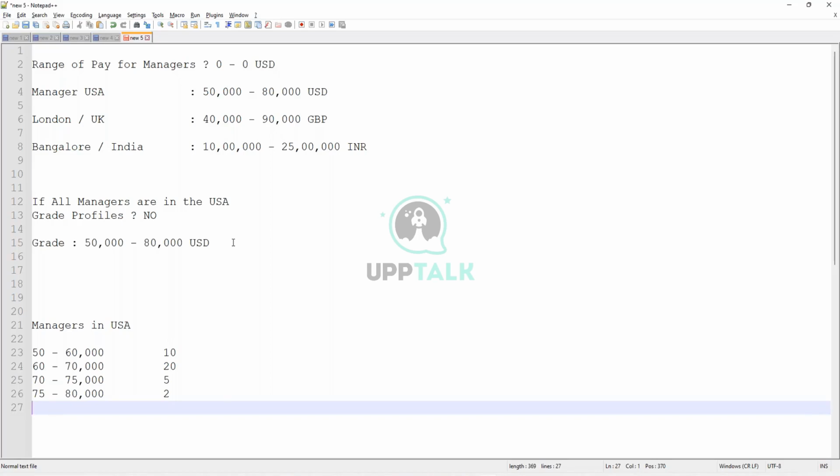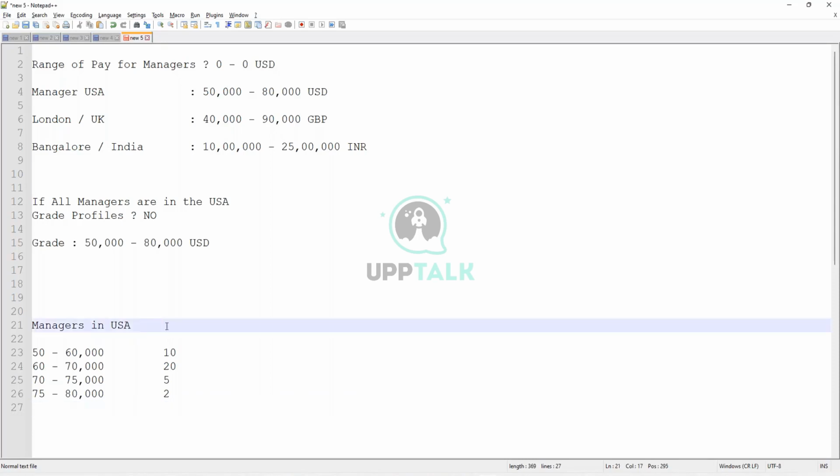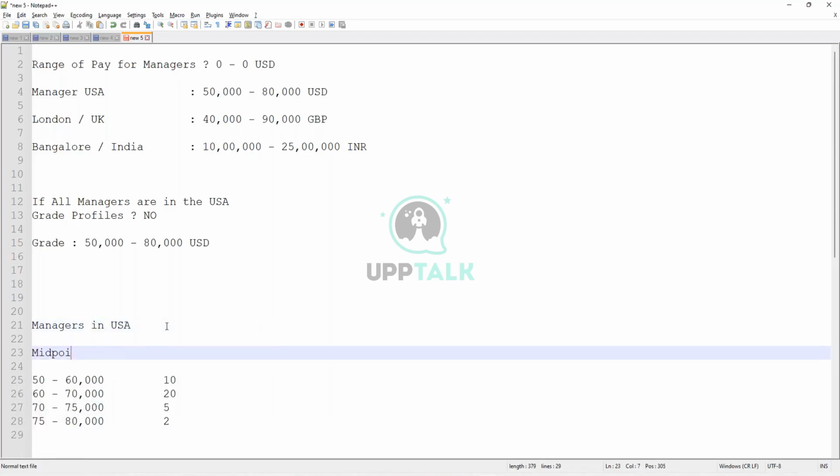And what is the midpoint of this particular pay range? Of this range, 50 to 80, let's say $65,000, the arithmetic average. So are we saying that most of the people are either around the midpoint or lower than the midpoint? Can we say that?